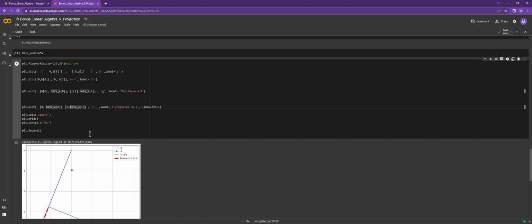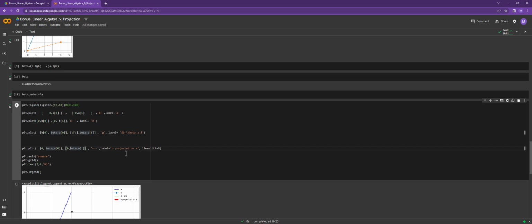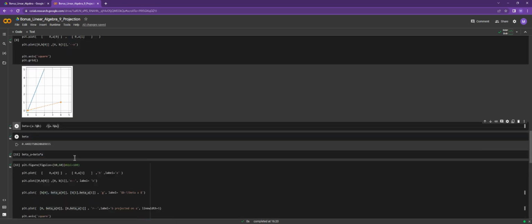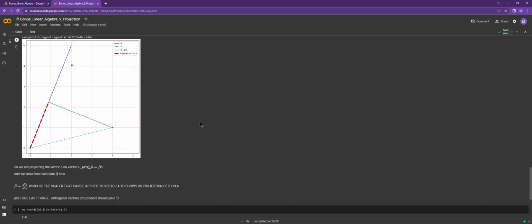As you can see, the formula works. So we had the blue vector, we had the dashed vector. We wanted to project the dashed blue vector onto the main blue vector, and we exactly did that by using this simple formula, calculating beta and then multiplying beta by the main vector.